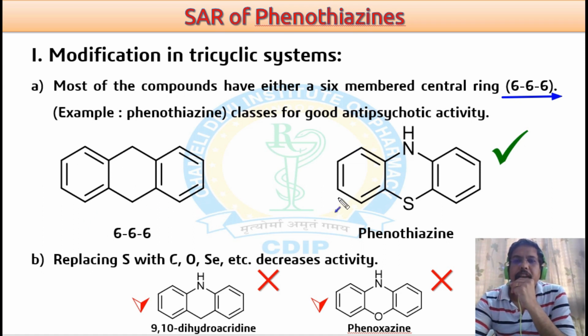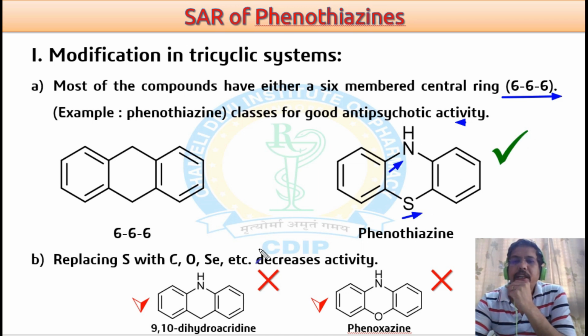Okay, and generally this class of tricyclic compounds is able to show good antipsychotic activity, and especially in this 3-6 member ring, the phenothiazine system is responsible for good antipsychotic activity.